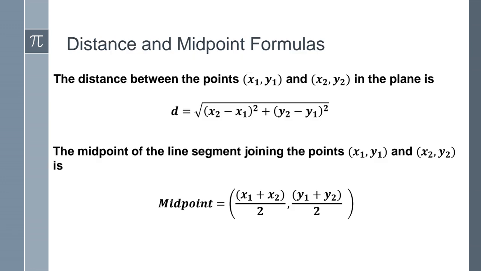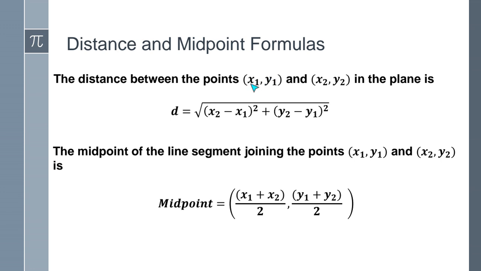So that was just a little glimpse of WebAssign. Now we're going to look at a couple of examples. The first examples that we have here are from section 1.1, and these are examples for the distance and the midpoint formulas. The distance formula is d equals the square root of (x2 minus x1) squared plus (y2 minus y1) squared.